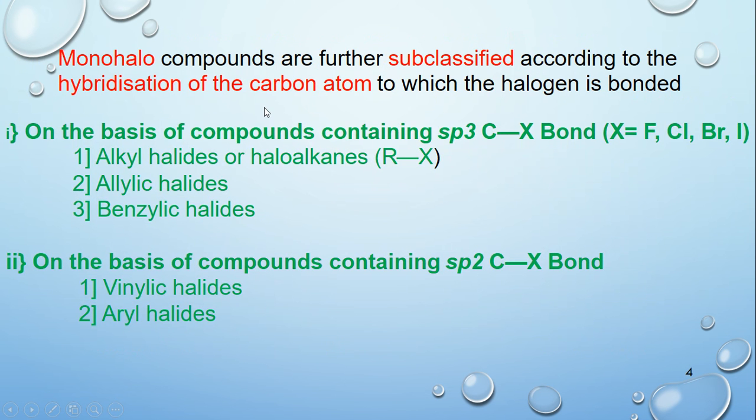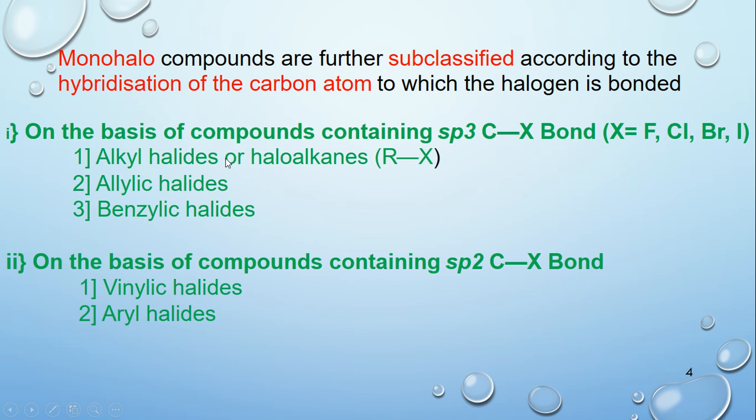Now, monohalo compounds are further subclassified according to the hybridization of the carbon atom to which the halogen is bonded. The first subclass is compounds containing an sp3 hybridized carbon bonded to halogen.